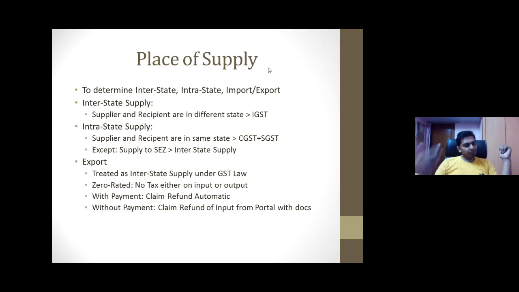So you will apply for refund on inputs and government will give the refund. So this is a bit semi-automatic. You need to apply, then you will get the refund. So this is the second method. Don't pay tax on output, but claim refund of input tax. In the first method, pay tax on output.